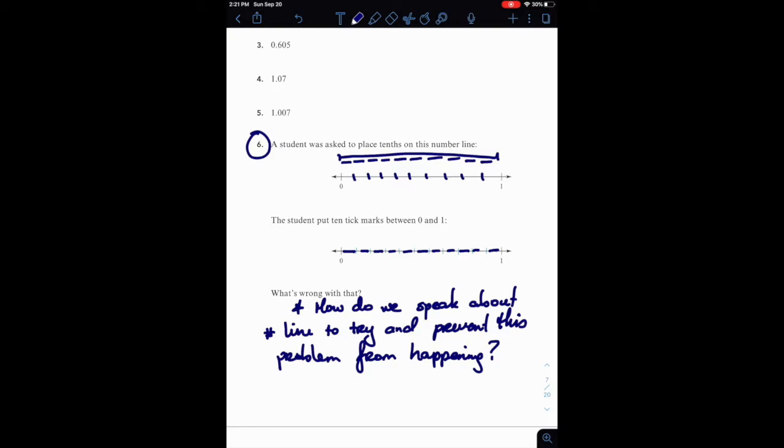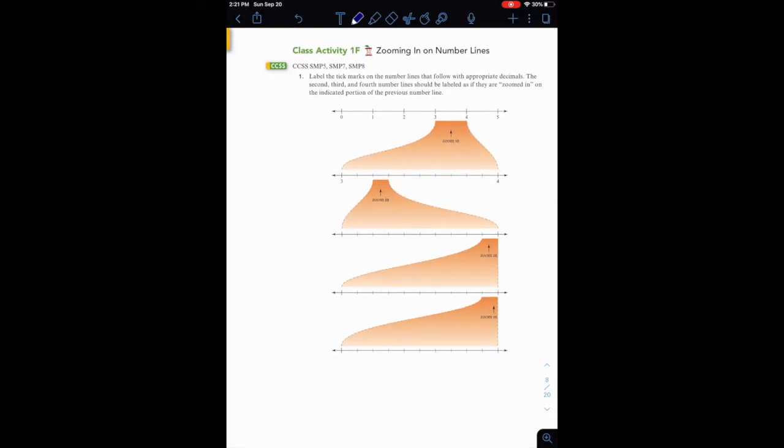Okay. Now, based on the way that we've created the number line, let's just check. Between 3 and 4, there should be 10 toothpicks. 1, 2, 3, 4, 5, 6, 7, 8, 9, 10. Good. So there are 10 toothpicks between any of the larger tick marks.